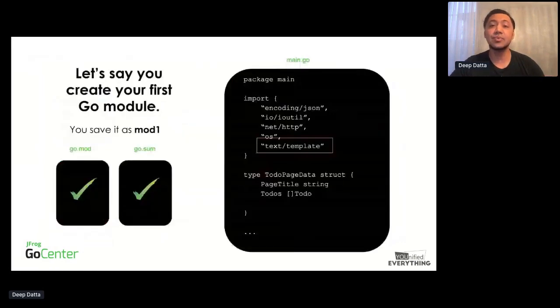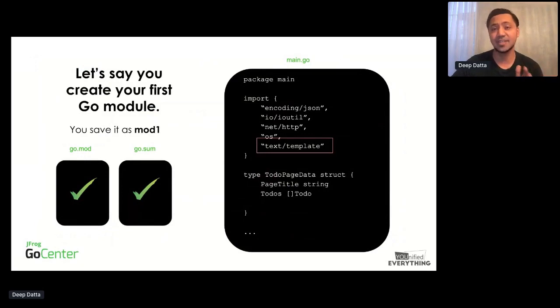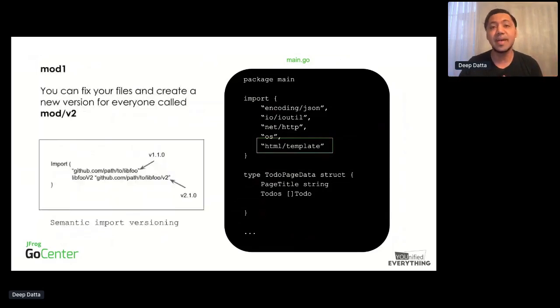Let's say that you create a module for the first time and you save it and you commit it to the database, but then you realize you made a mistake. In this example, I've imported a package called text/template, which is going to open up my app to cross-site scripting issues. But I've already committed this and saved it as mod1. Well, I can, of course, fix the module, but then I actually have to save it with a different version.